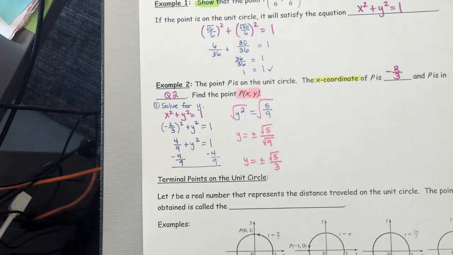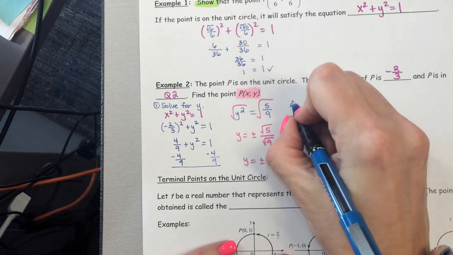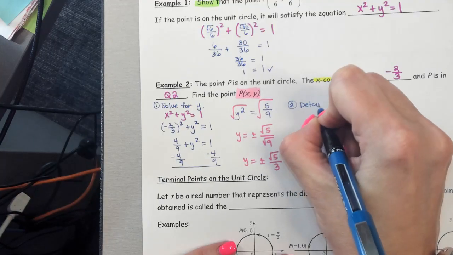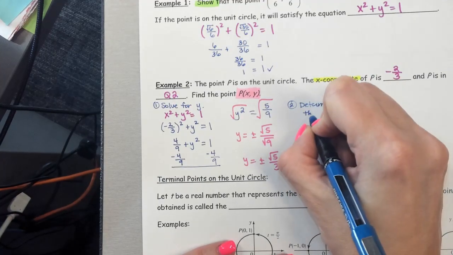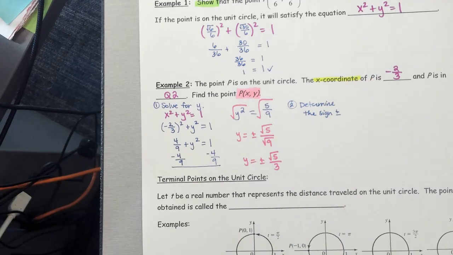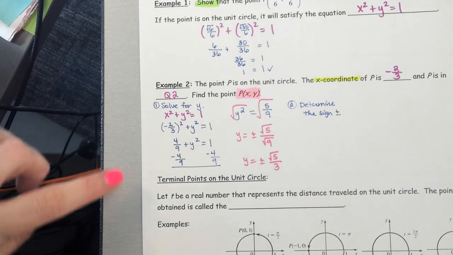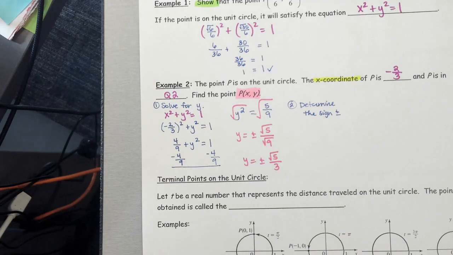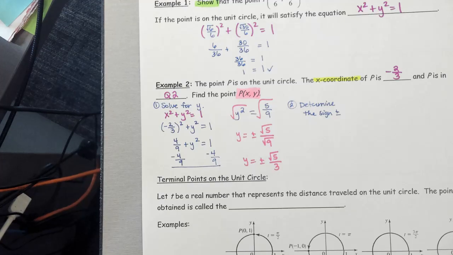So our second step is determining the sign. Okay, so determine the sign. Is it plus or minus? So it's going to depend on this part that they give you. So in this case, they told us it was in quadrant 2.